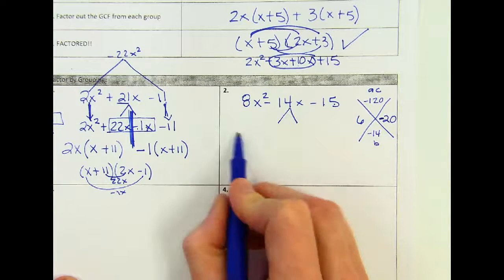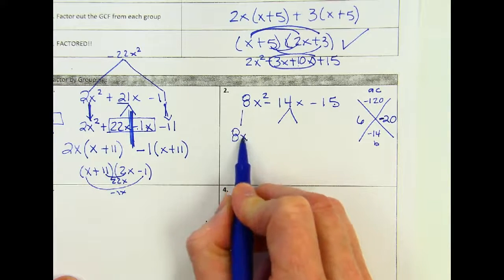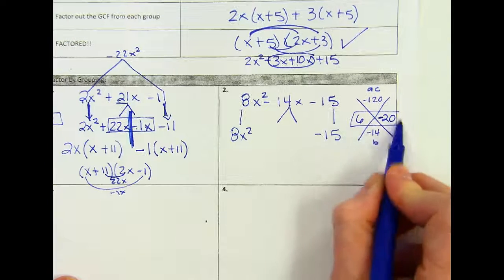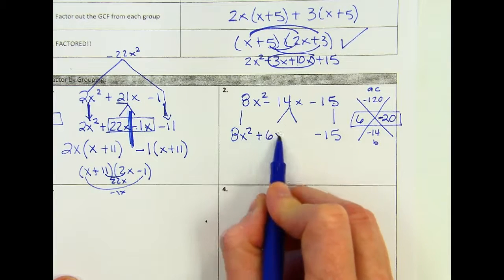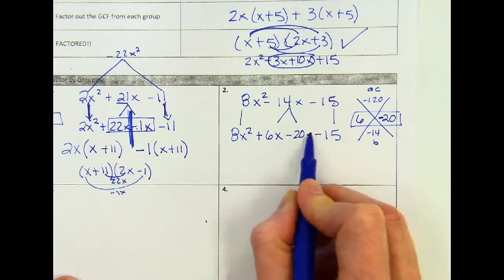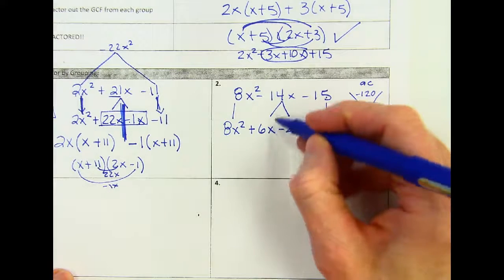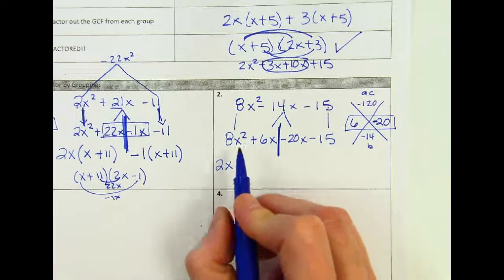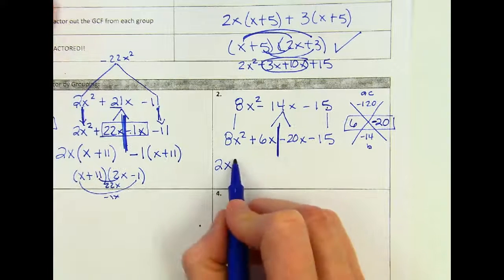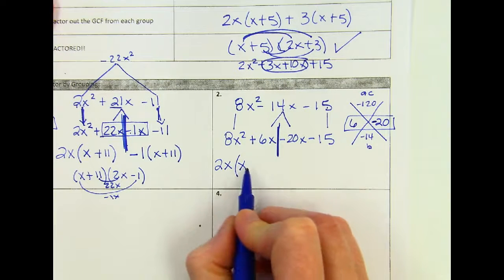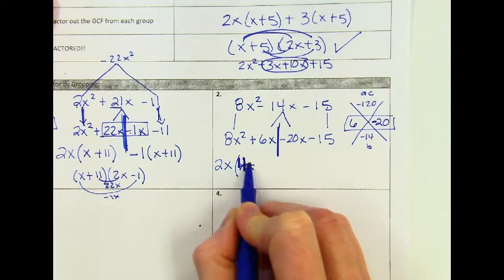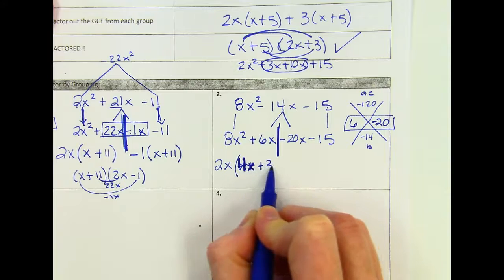Now rewrite, bring this straight down, bring this straight down, but now take these numbers and call them a 6x minus a 20x. So here I have a 2x in common, so I can bring out a 2, and I get 4x plus 3.